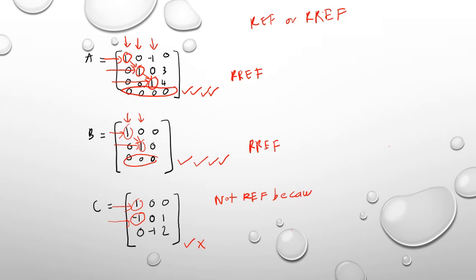Because of what? Because of the second property: -1 appears first in the second row. Meaning the second property is not satisfied.